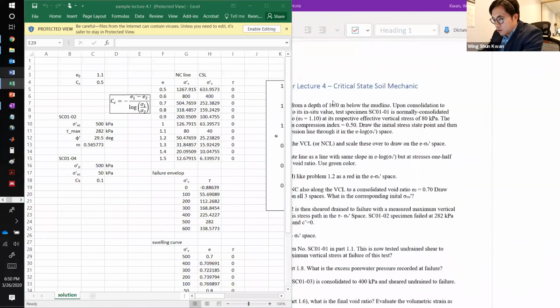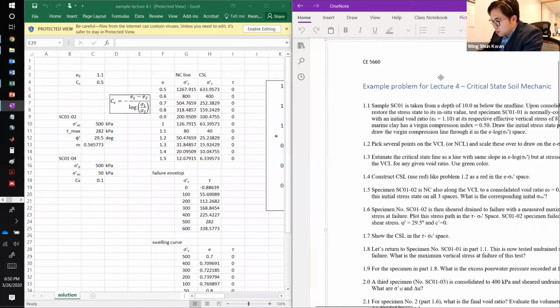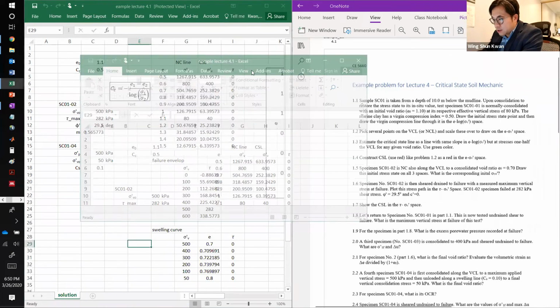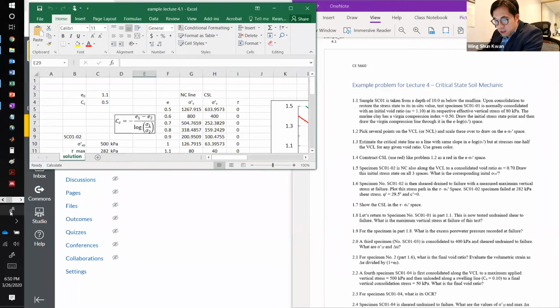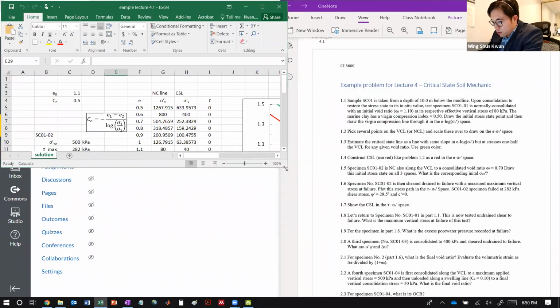So let's see if I can do this. Let me try to zoom out a little bit. Would that be too small? Can you guys see? Able to handle this? Hopefully not too bad.